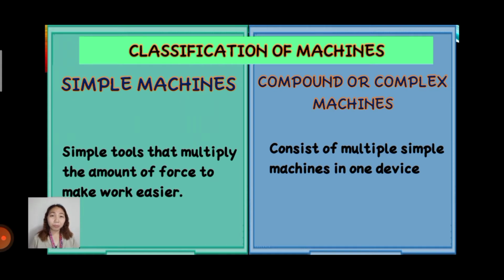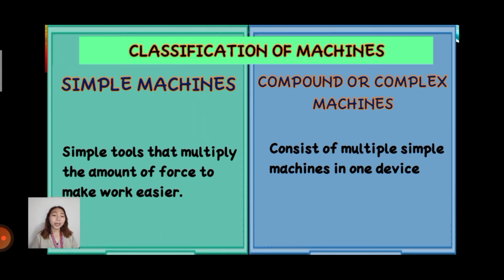So, simple machines are simple tools that multiply the amount of force to make work easier para madali nato ang atong trabaho. And compound machines consist of multiple simple machines in one device. Okay. Nasabtan ba ang kalainan?